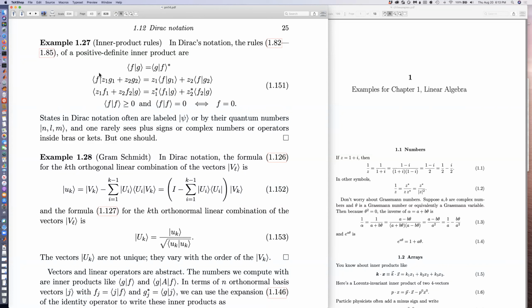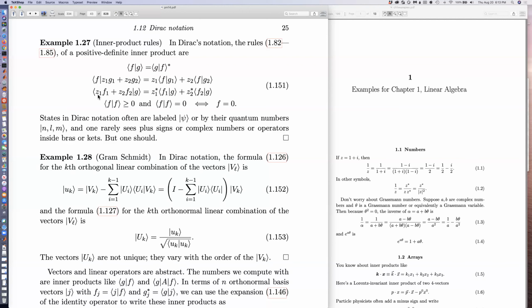The inner product of F with a number times a vector plus a number times a vector is linear in this expression. So you get z1 times the inner product of F with G1, plus z2 times the inner product of F with G2, but it's antilinear on the left-hand side.